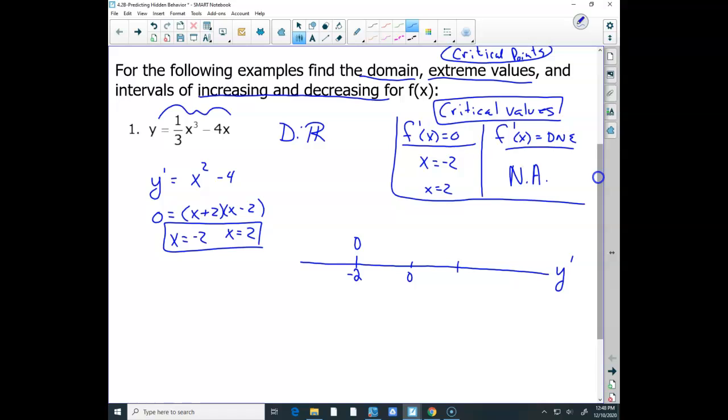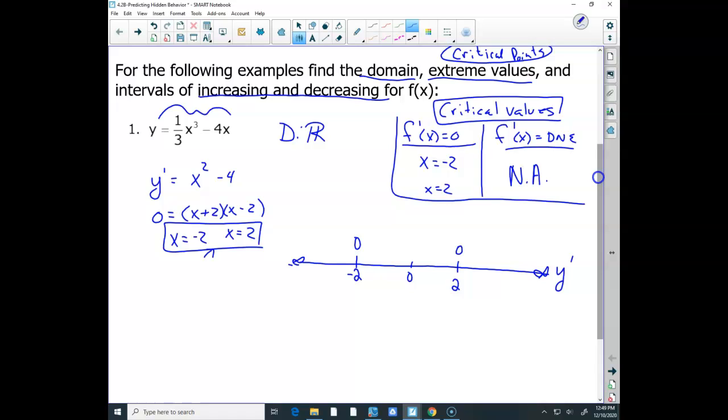I know out here at 2, my derivative is also 0. Negative infinity is down here. Positive infinity obviously is here. I want to know what it's doing between these critical values, because if I had a change from increasing to decreasing or decreasing to increasing, why wouldn't I have an extreme value? Okay?